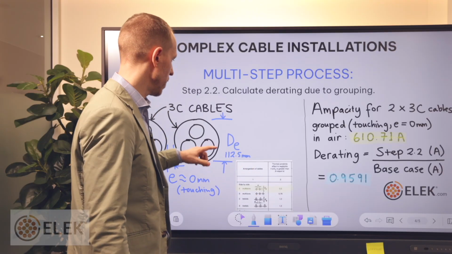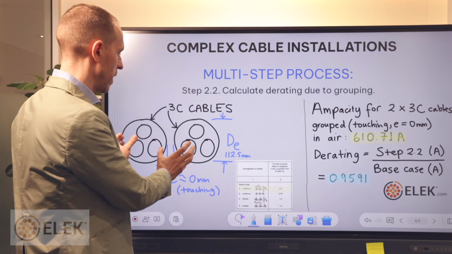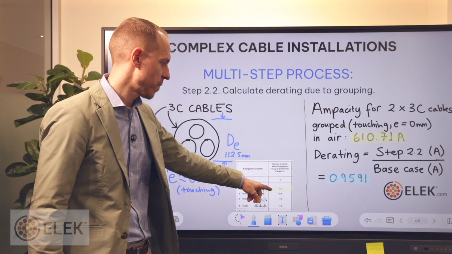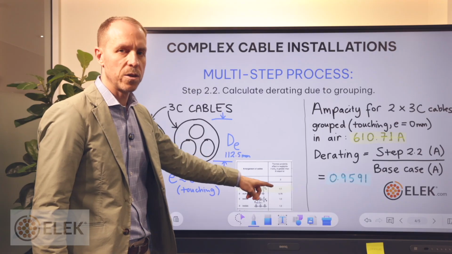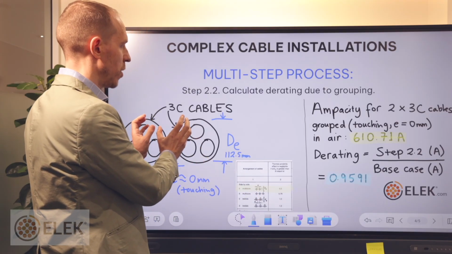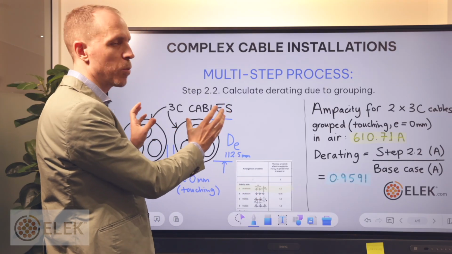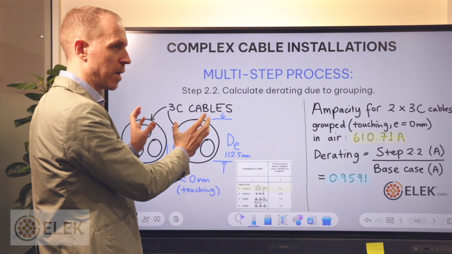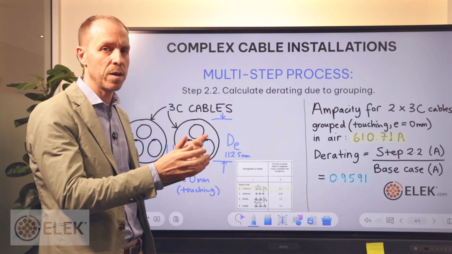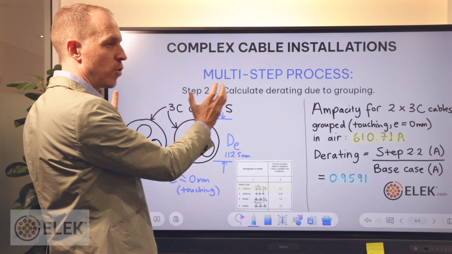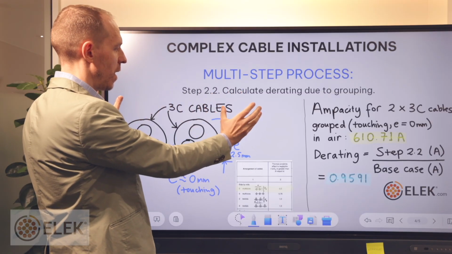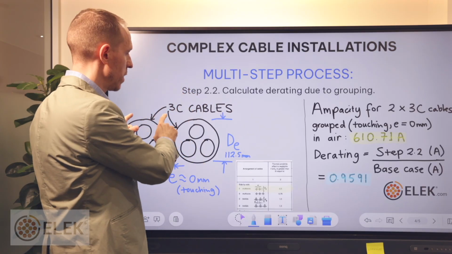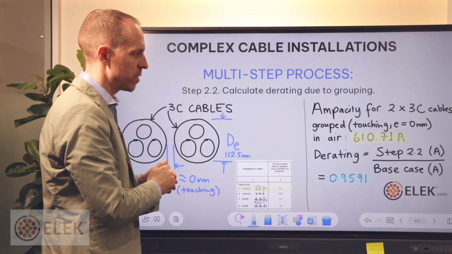Now, the theory in this calculation method says that if the ratio of E divided by DE is larger than 0.5, then there'll be no derating or thermal proximity effect between these two multi-core cables. In other words, they won't mutually heat each other in air if they are adequately separated. But these cables are touching, so there'll be a derating caused by these cables being in contact.